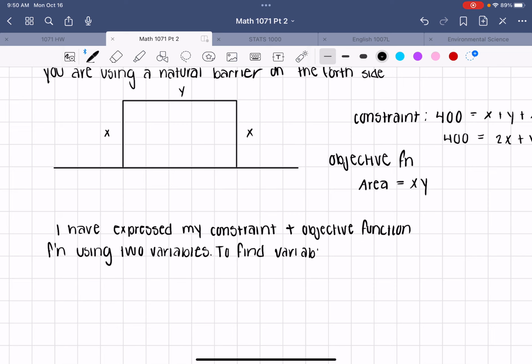So I need to eliminate one variable. Solve the constraint to eliminate one variable.